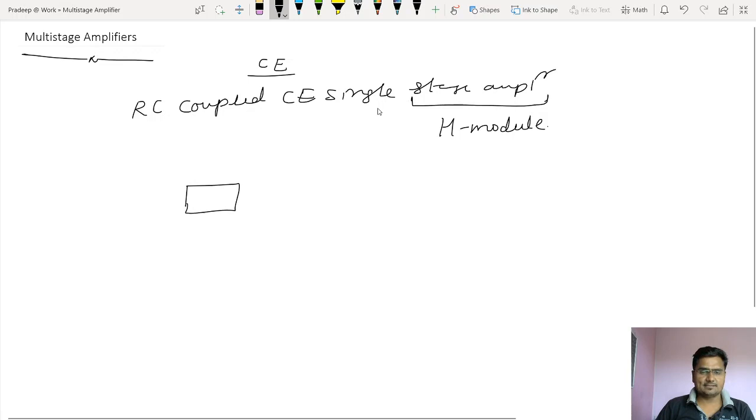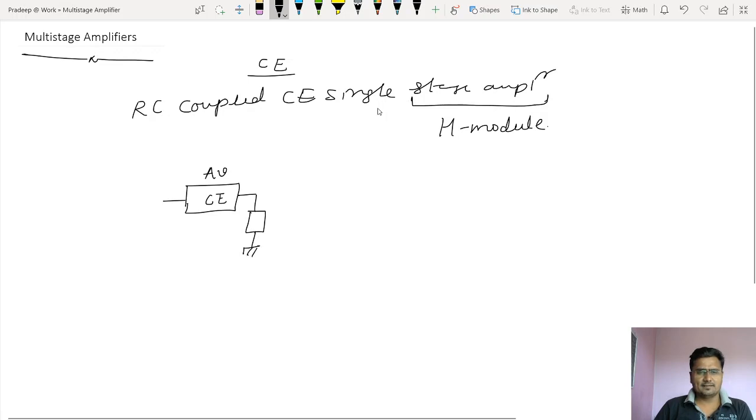If this is the CE amplifier, and I'm working with an application where the gain of that amplifier, just consider voltage gain, is not sufficient to drive a load that I have connected here.